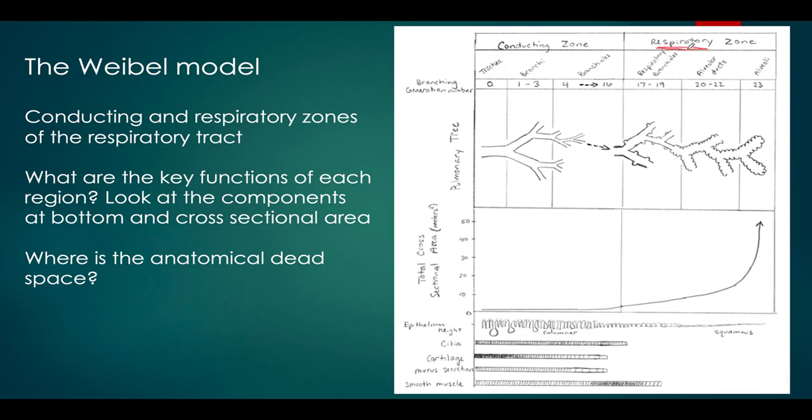But the respiratory zone is where our gas exchange occurs, because we have the thin-walled membranes of the alveoli that minimize the diffusional distance such that gas exchange will actually occur. Now, if you look at some of the characteristics of these two different zones, we notice the epithelium in the conducting zone is much thicker, much taller.